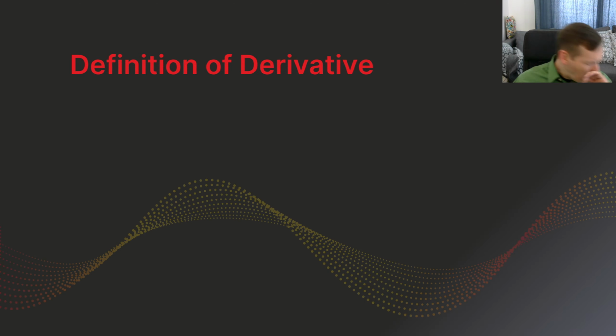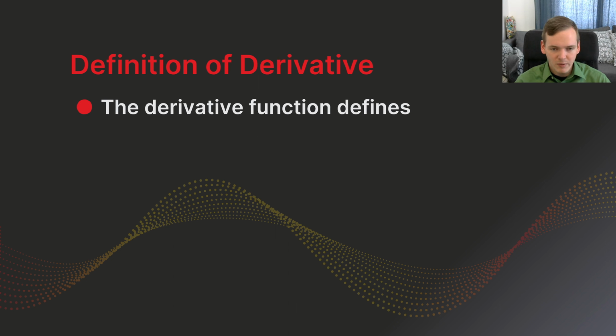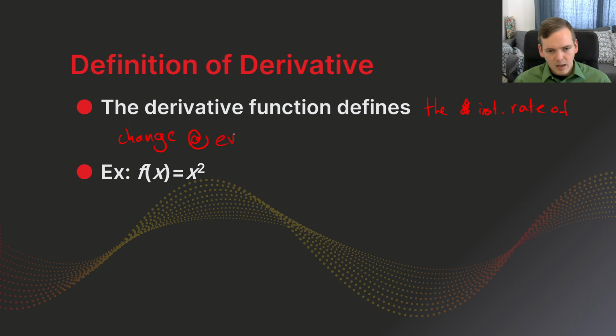So moving on with that, that derivative function is what I just talked about, where I say the derivative of f of x defines the instantaneous rate of change at every point.